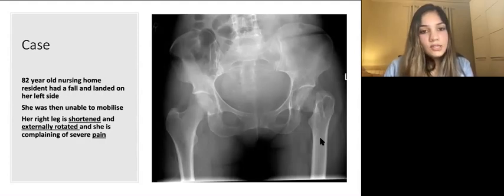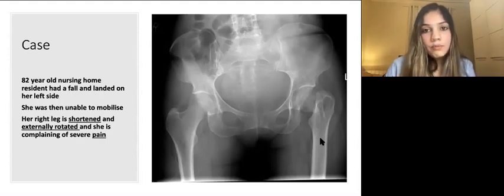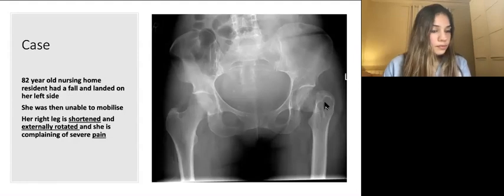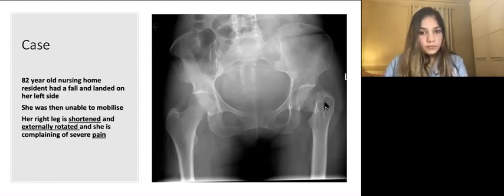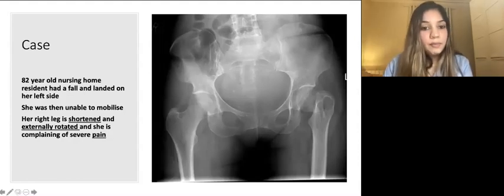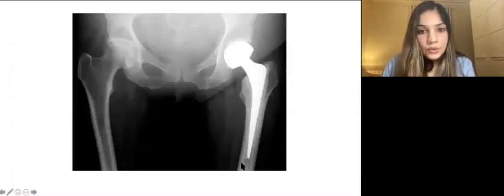So would this fracture be fixed with a total replacement, or would it be fixed with plates and screws? Yeah, so a replacement. This is a hemiarthroplasty, where the femoral head is replaced with the prosthesis.